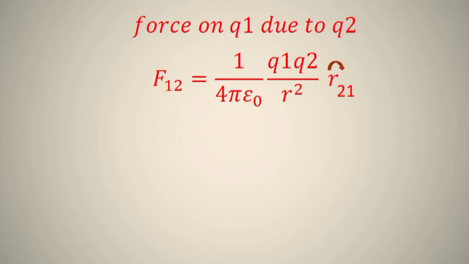The force on Q1 due to the charge Q2, F12, is equal to 1 by 4 pi epsilon 0 Q1 Q2 divided by R square into R21 cap.